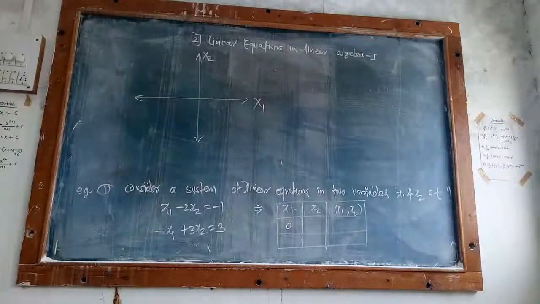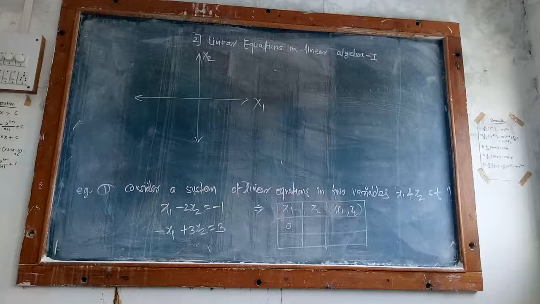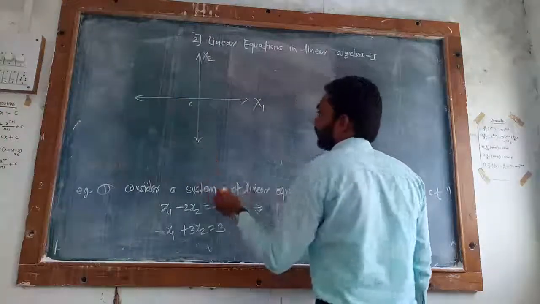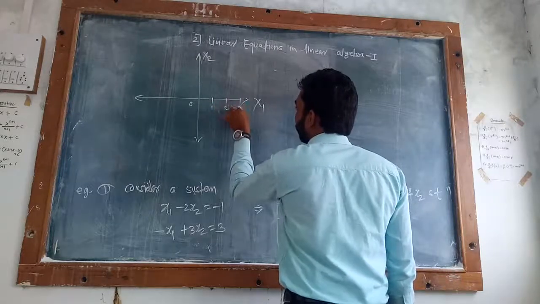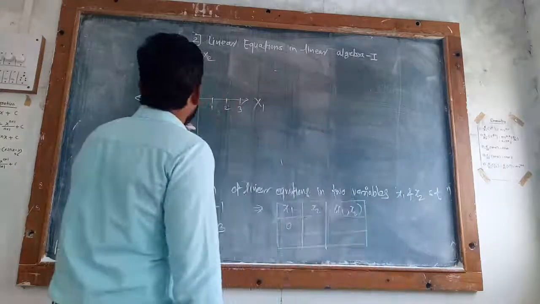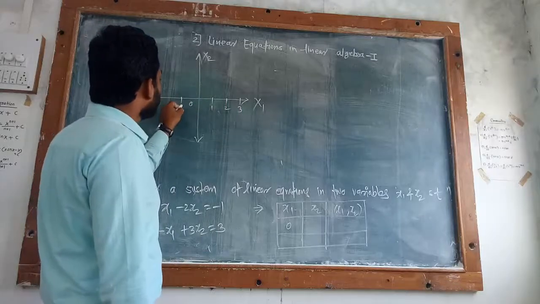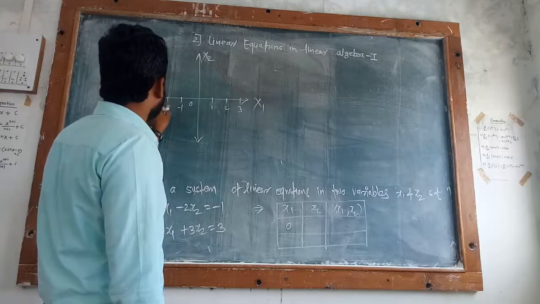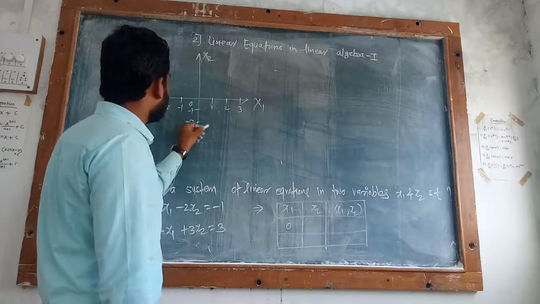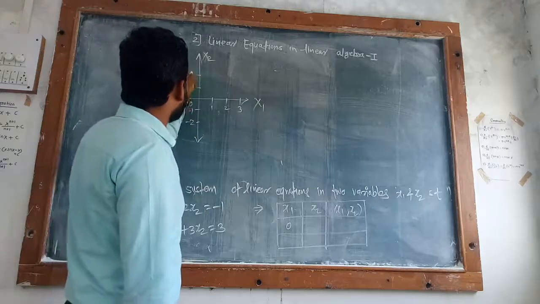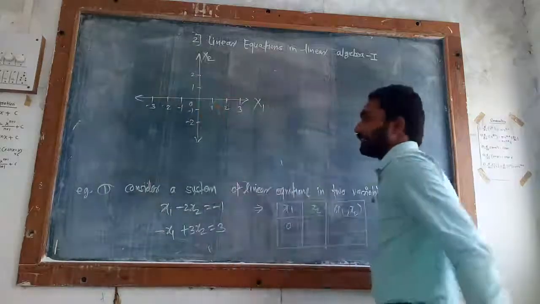The first equation is x1 minus 2x2 equals minus 1. Suppose this point is 1, this point is 2, this point is 3, and on the other side minus 1, minus 2, minus 3, along the x1 axis and x2 axis.